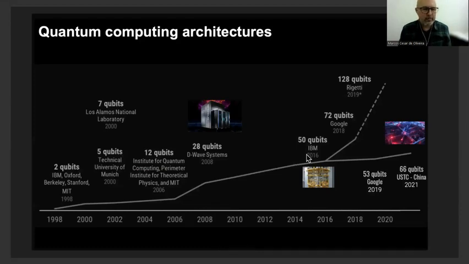So as I mentioned, in terms of the evolution of the quantum computing architectures, we did have some very shy development at the beginning, where we had 2 qubits, 7 qubits, 5 qubits, and so on.